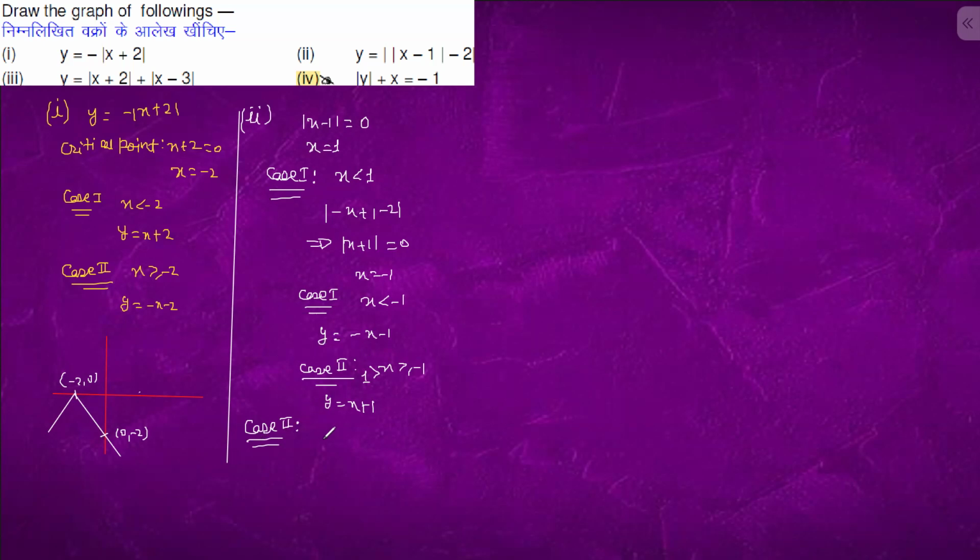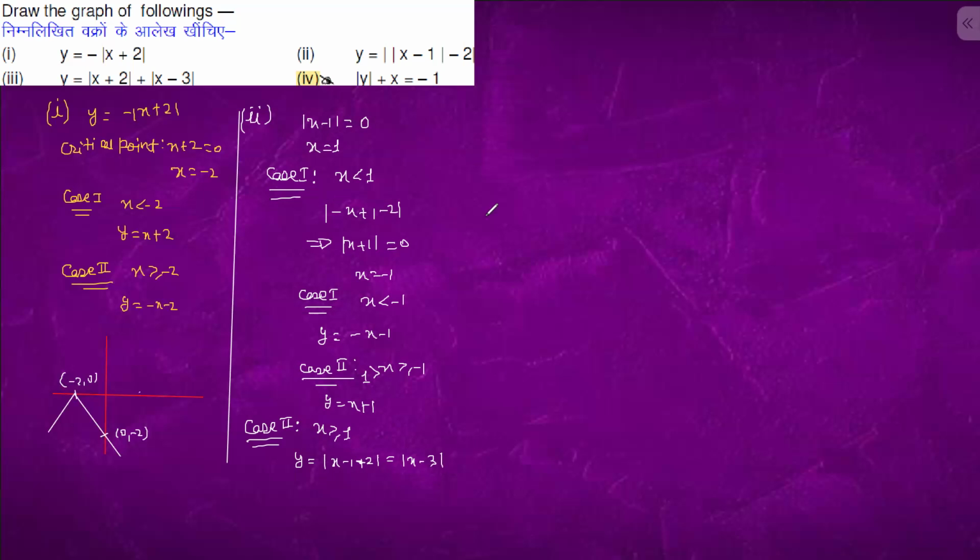The critical point: x bigger than or equal to 1. So we will have y equals mod x minus 1 plus 2, minus 2, which is mod x minus 3. So we will have again one critical point here.